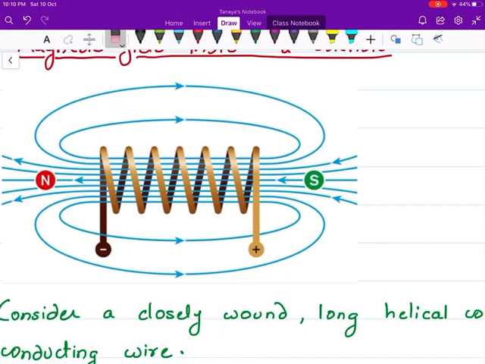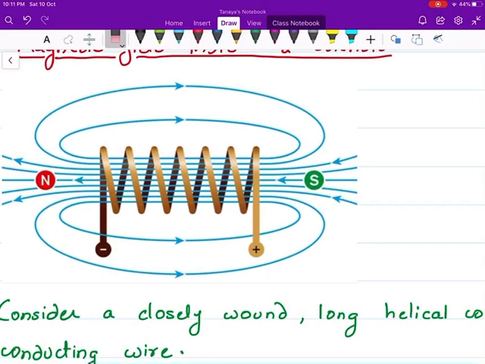Another important thing about this ideal solenoid is that the magnetic field inside the solenoid is constant, or uniform, and the magnetic field outside this solenoid is negligible. We assume that the magnetic field outside the solenoid is so small that it can be ignored.